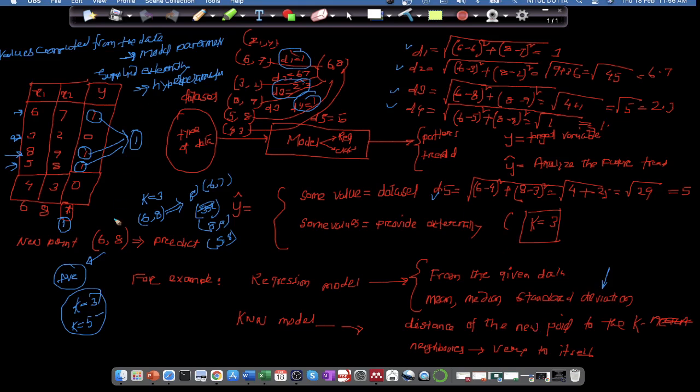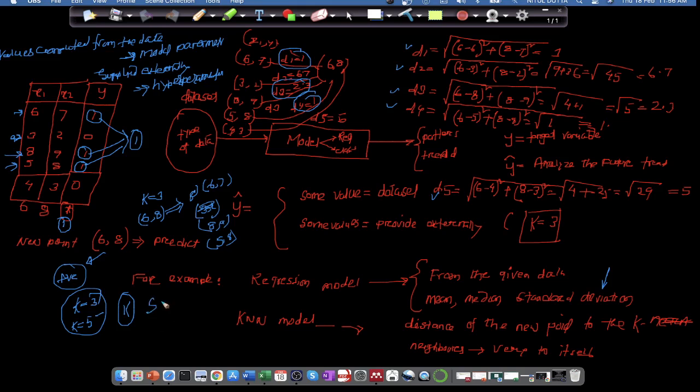But those parameters which are not derived from the data set, rather supplied from outside, are called hyperparameters. For KNN, the value of k is the hyperparameter, because it is supplied to the model by the external user, or supplied externally.